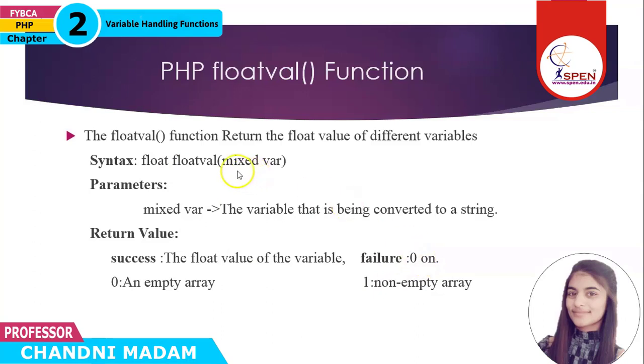Now if you pass an array as argument and your array is empty, then this function returns 0. If your array is not empty, then this function returns 1. So ultimately this function converts any data type to a float.